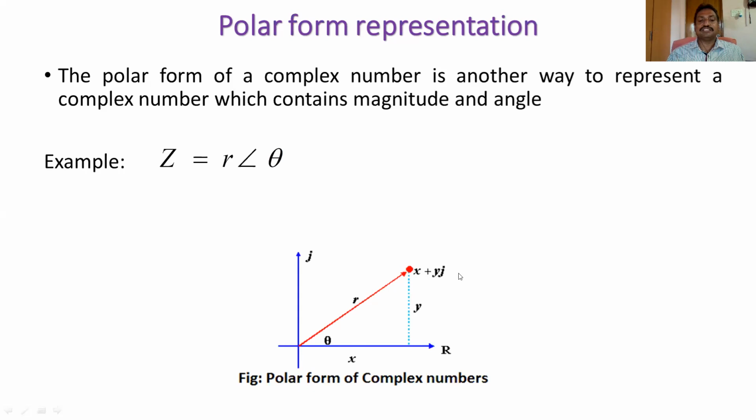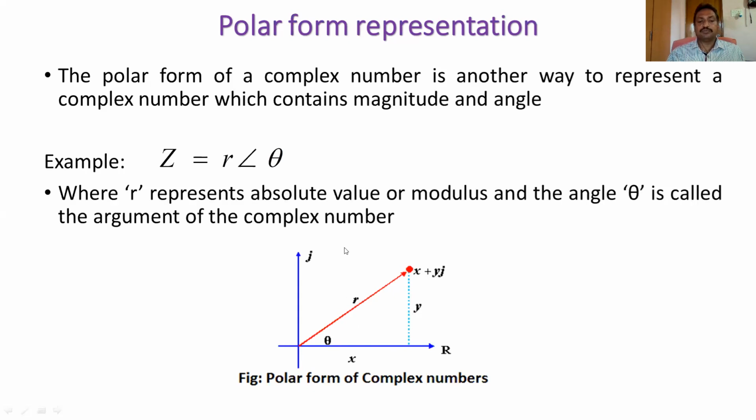The vectorial sum of x and y is equal to the magnitude r, and the angle theta. Theta is tan inverse of the imaginary part by the real part. So we get the polar form here, where r represents the absolute value or modulus, and the angle theta is called the argument of the complex number.